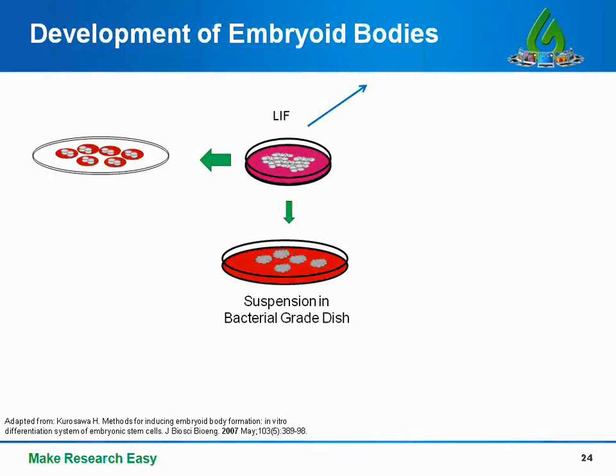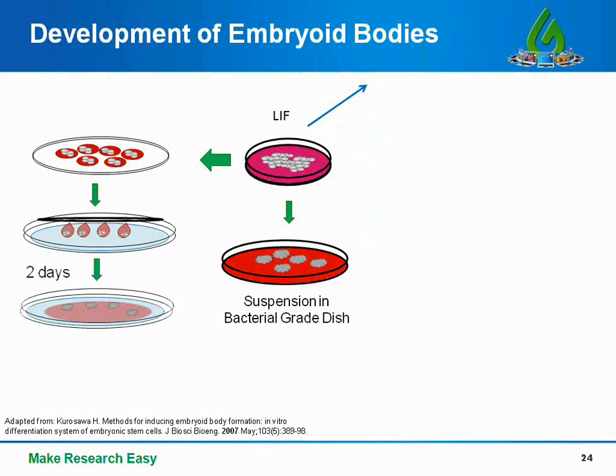Once the droplets are placed, the lid should be inverted over a petri dish, and what will happen is the embryonic cells will start to form these droplets. Now these droplets will cause aggregation, which will eventually form into embryoid bodies. To ensure this, you should put the lid on top of a petri dish and incubate it for 2 days.